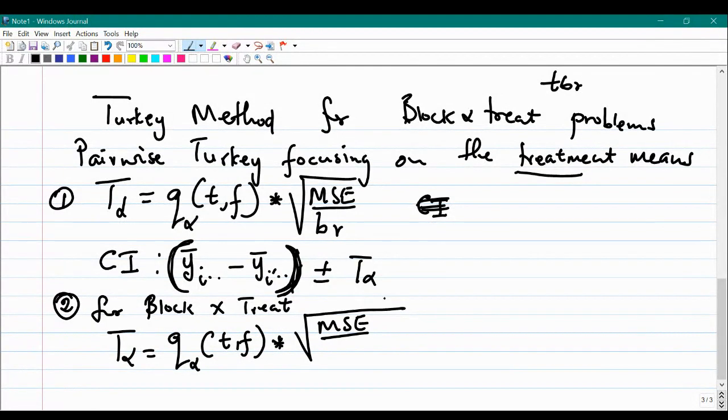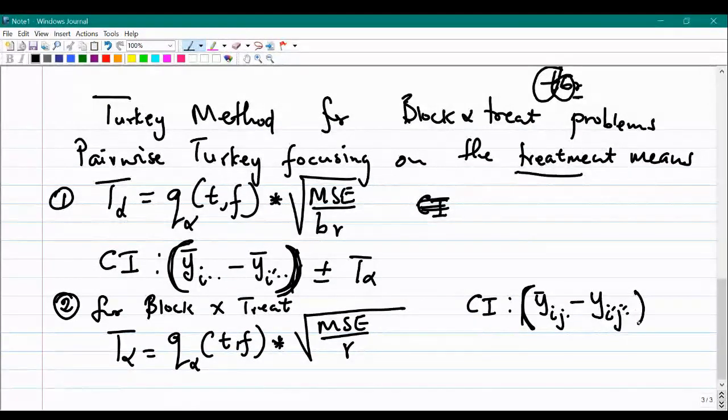R. Because the treatments are involved, which is represented by T, the blocks are involved, represented by B, the one which is not represented is R. That is why we will divide by R. And the confidence interval for this will be given by Yij dot bar minus Yi prime j prime dot bar, plus or minus T alpha, because now our focus is on the cells.